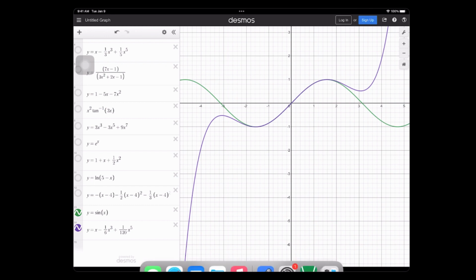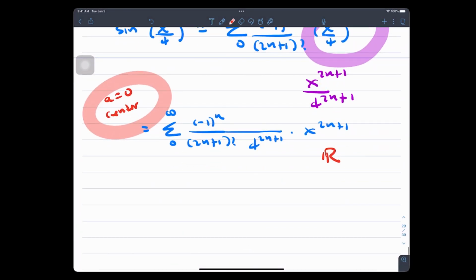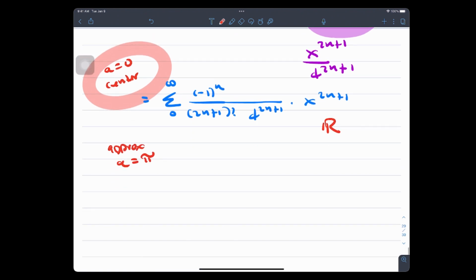What if you said, I want to approximate this around pi or something? If you change the center, then what do you have to use? The Taylor series expansion. It'll look different. Okay, just want to throw that out there.